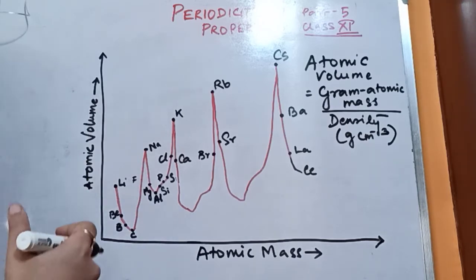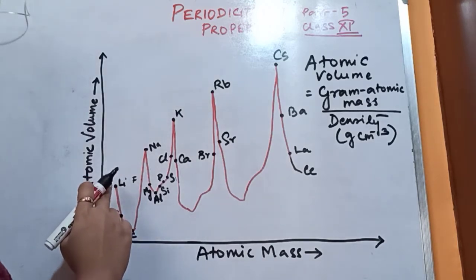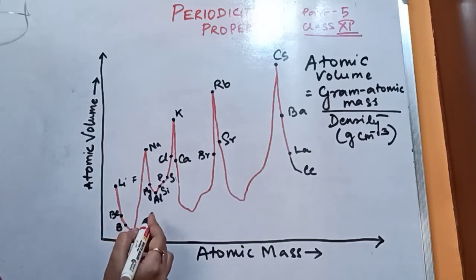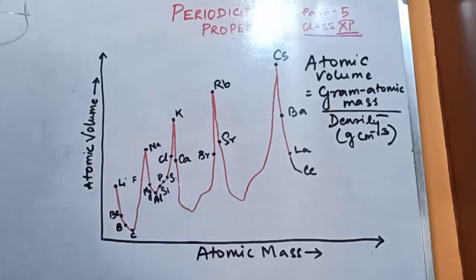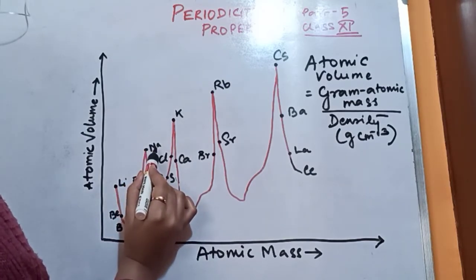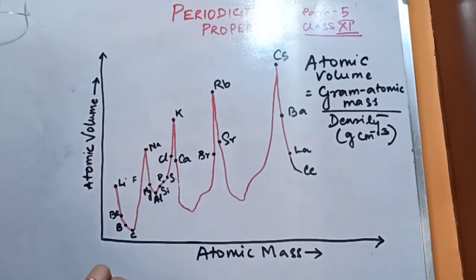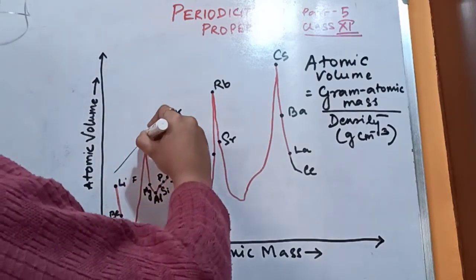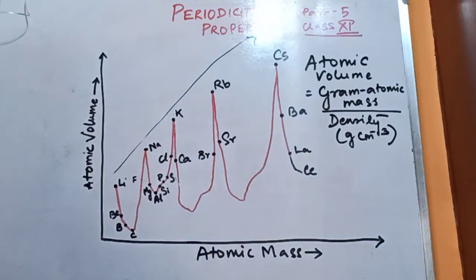So you can see that on moving from left to right across a period, the atomic volume first decreases, comes to a minimum, and then again increases gradually until it comes to the first element of the next period, which has the highest position. Down the group, the atomic volume increases.